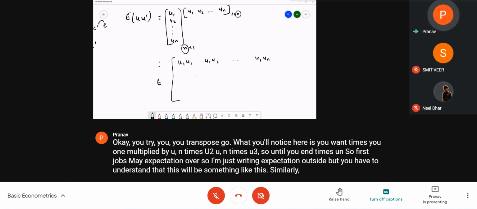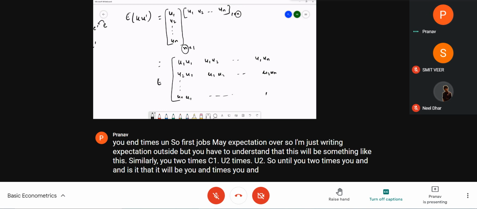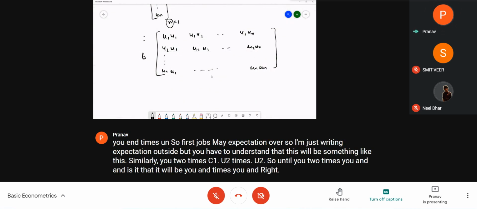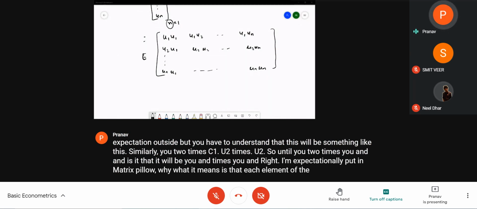Similarly, u2 times u1, u2 times u2, so on till u2 times un, and similarly un times u1, and so on. Now the expectation is applied on the whole matrix. What it means is that each element of the matrix will also have expectation attached to it.